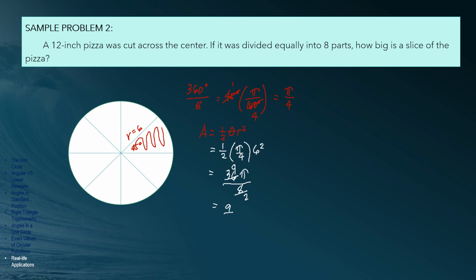So 9 halves pi square inches. That would be the area of the given sector, which is equivalent to 1 slice of pizza.